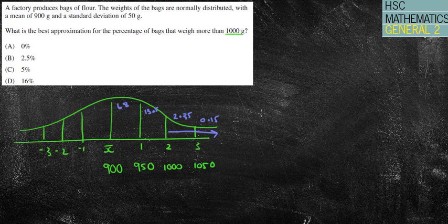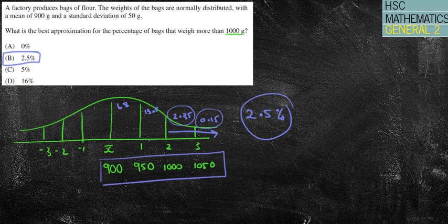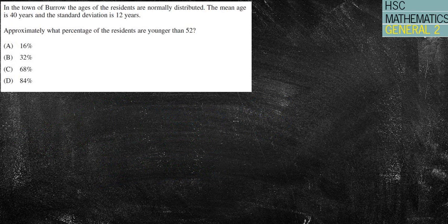Therefore, we're looking for the 2.35 and the 0.15, which is going to be 2.5%, which will be the answer B. Alrighty, so you can see it's not too bad, but you can see also why it's so important to know how to put these amounts on your normal distribution. Okay, let's have a look at the next one.